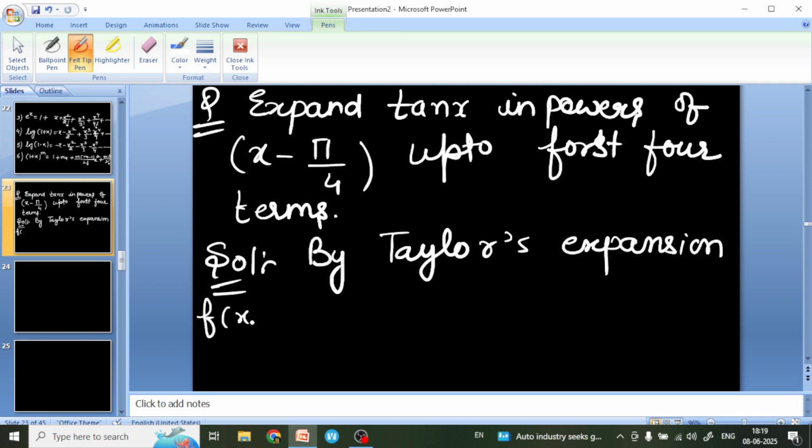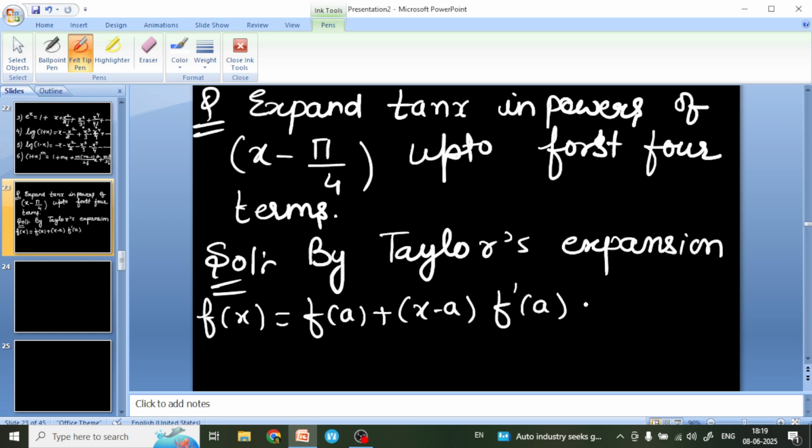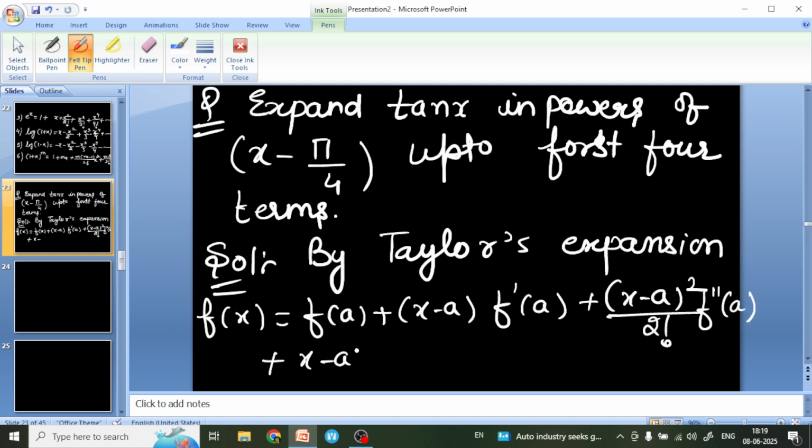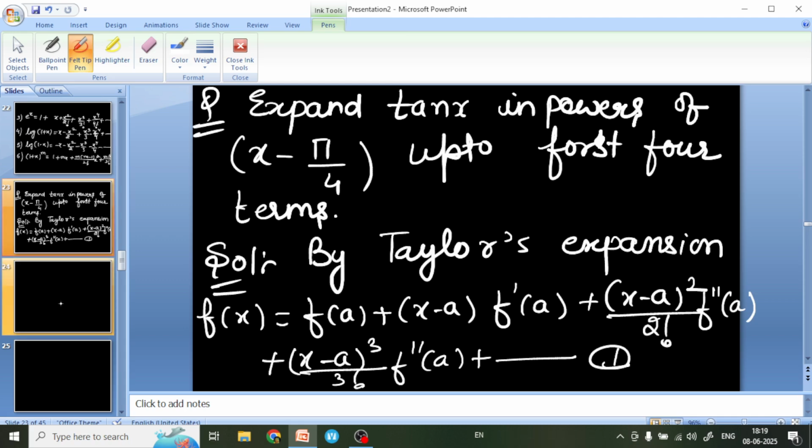Function of x is equal to function of a plus x minus a f dash a plus x minus a whole square over 2 factorial into f double dash a plus x minus a whole cube over 3 factorial f triple dash a plus, this is your first equation.